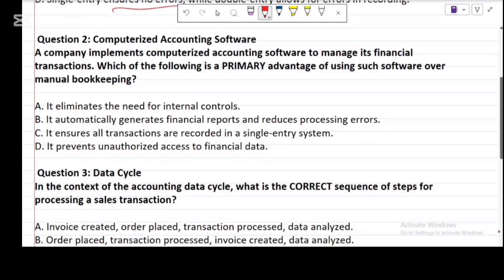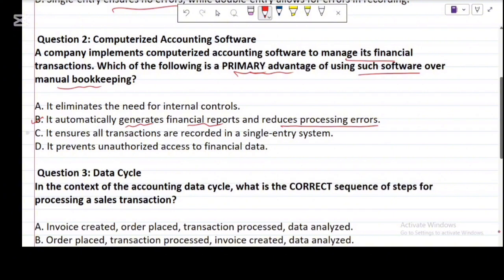Here, a company implements computerized accounting software to manage its financial transactions. Which of the following is the primary advantage of using such software over manual bookkeeping? Here we have again four options, and option B, that it automatically generates financial reports and reduces processing time, is the primary advantage of using such software.